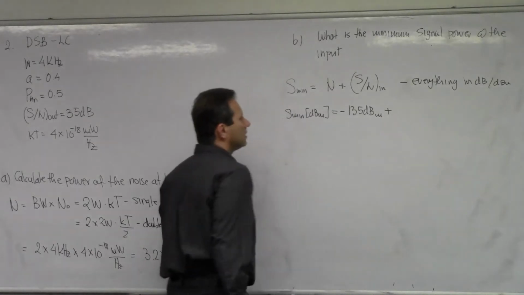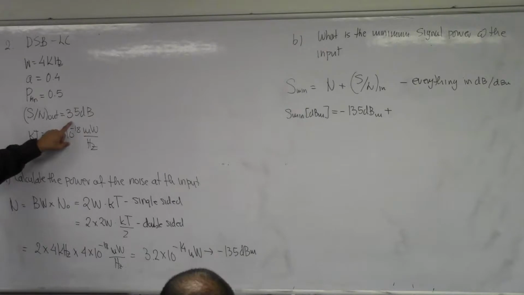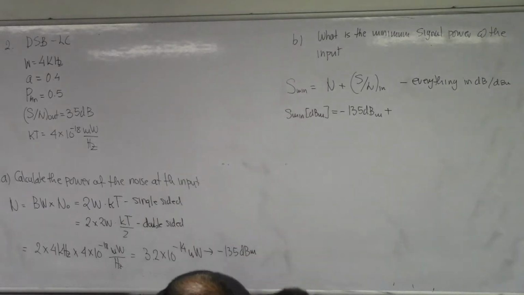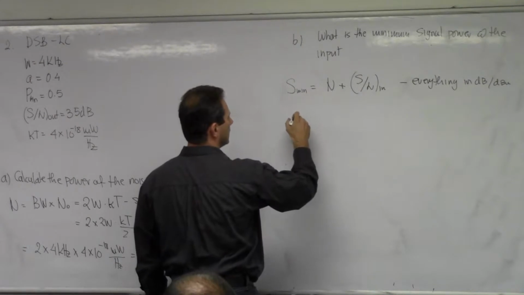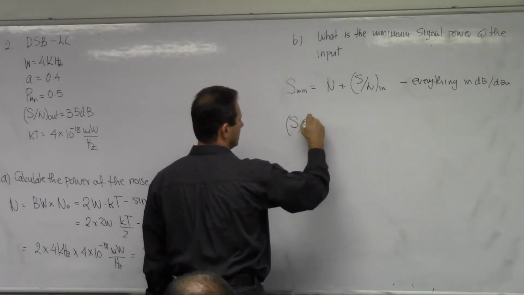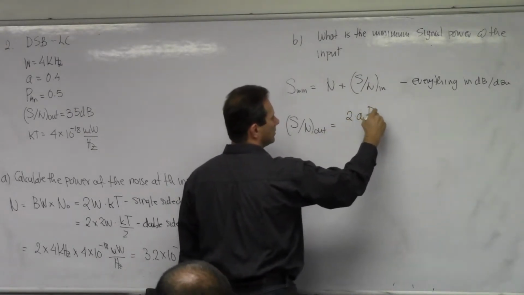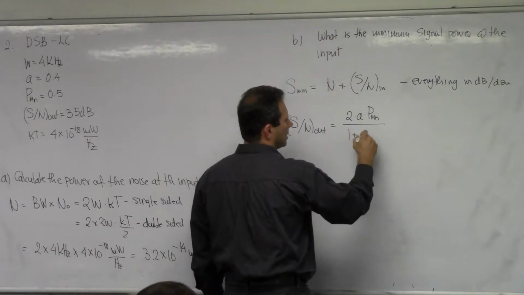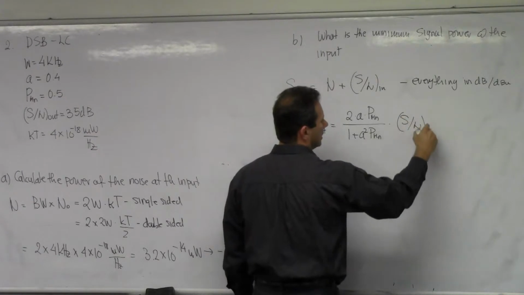Now, what is the signal to noise at the input? I have my signal to noise at the output, 35 dB, but in a double sideband large carrier these two are related. Let me first calculate that. The signal to noise ratio at the output is equal to 2 times A times the normalized power of the message, over 1 plus A squared times the normalized power of the message, times the signal to noise at the input.